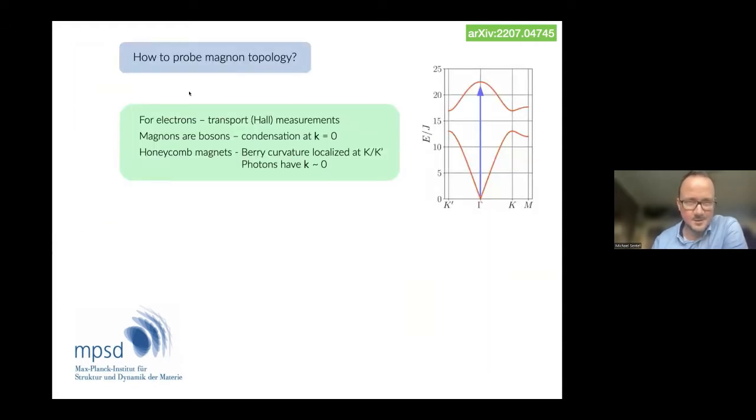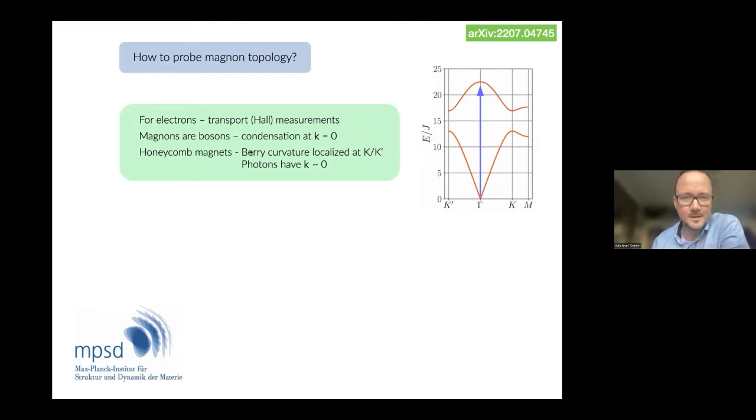So that is generally an issue, of course, because as you know, for electrons, you have the transport measurements, but magnons are bosons. So first of all, you cannot just fill a band easily. You'd have to raise temperature or play some game like that, but there are other issues. Usually these magnon bands are not only thermally populated, they condense near k equal to 0.